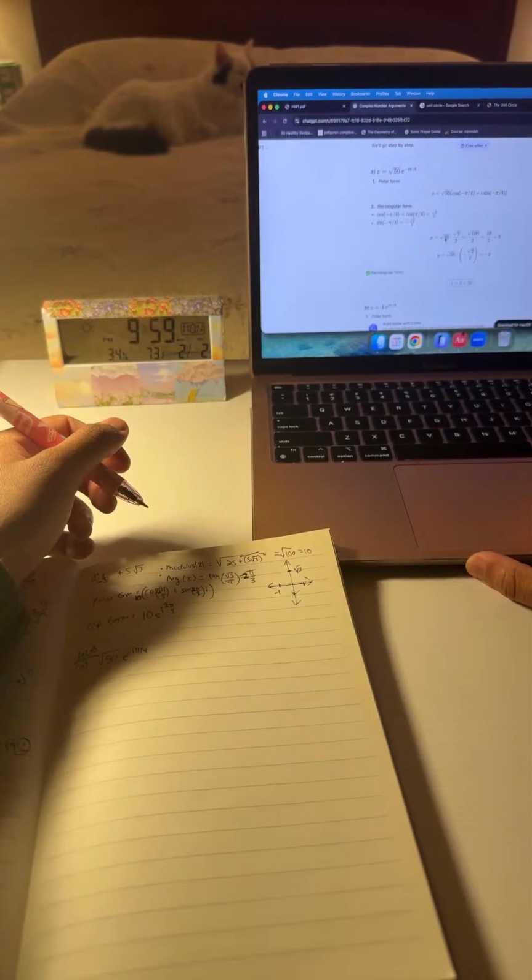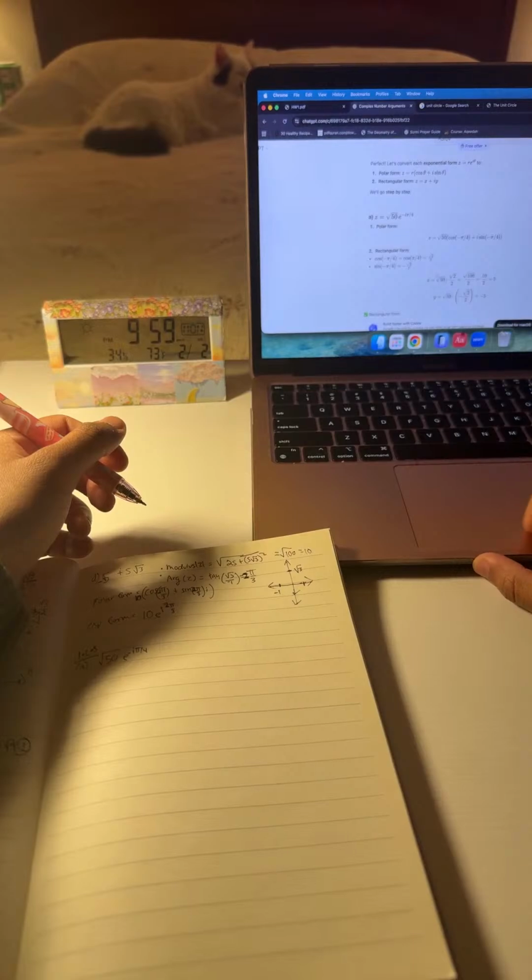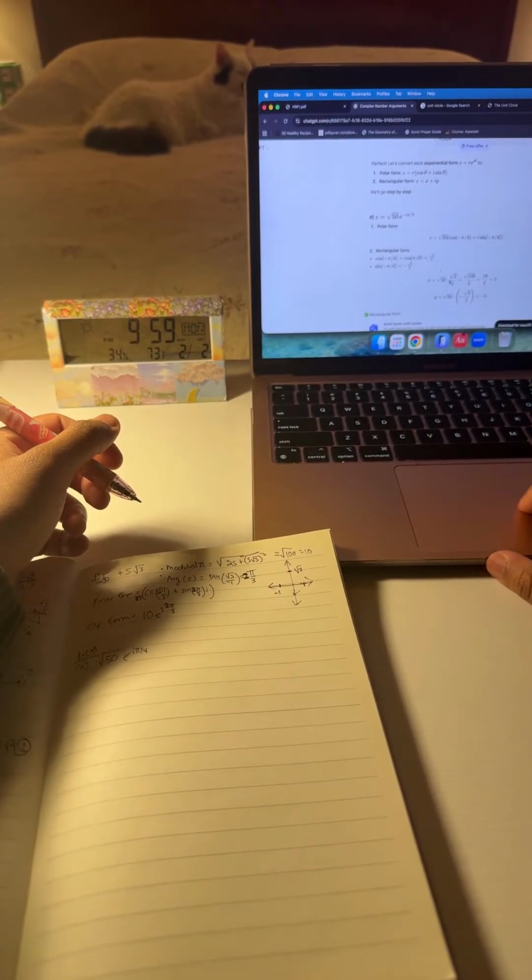And then you do r times cosine. So x is r cosine. Oh, it is, yeah, in polar form, so r cosine.